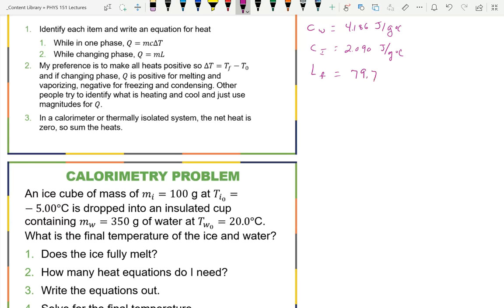Yeah, it's kind of equal. Was it 79.7 joules per gram? Sure. While you guys are working, I'll look that up to make sure. Specific heat of ice. Okay, which one do you use? We were always like 1.5.